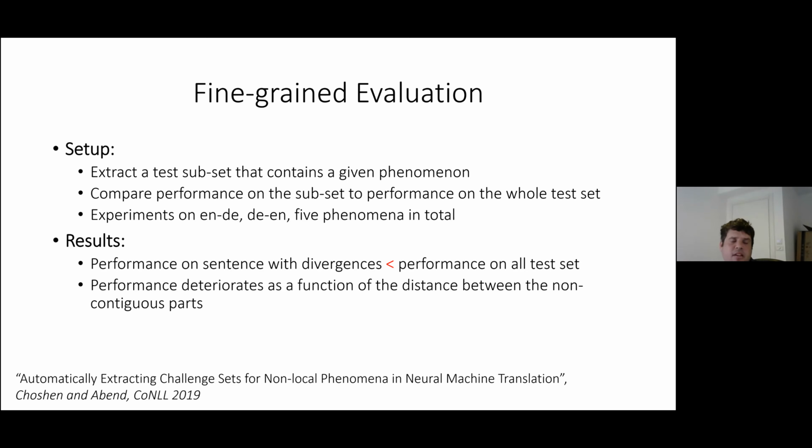So the performance on sentences with divergences is smaller than performance on the entire test set, and that performance deteriorates as a function of the distance between the non-contiguous parts. This, I think, also relates to Jonathan's findings about generalization. In this case, perhaps not compositional generalization, but generalization over different positions.